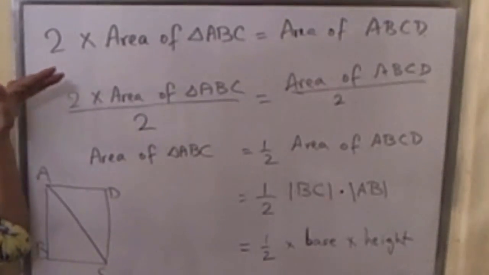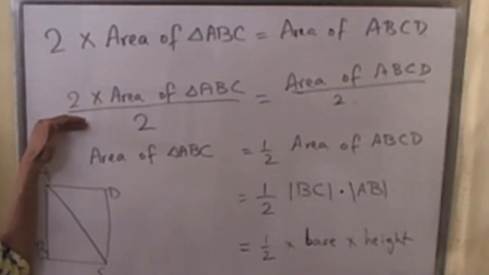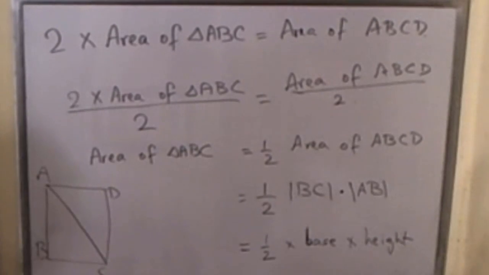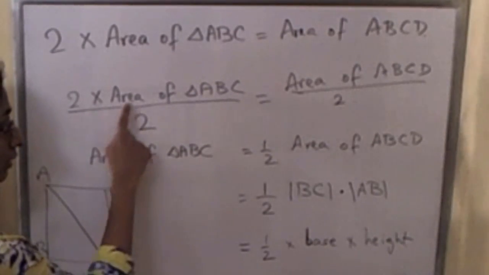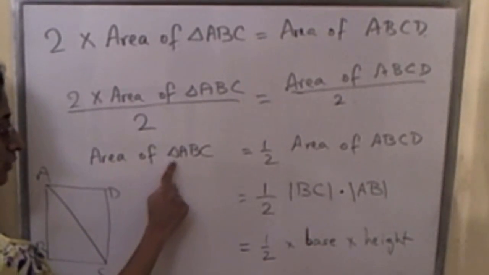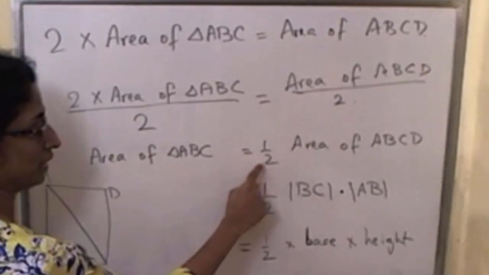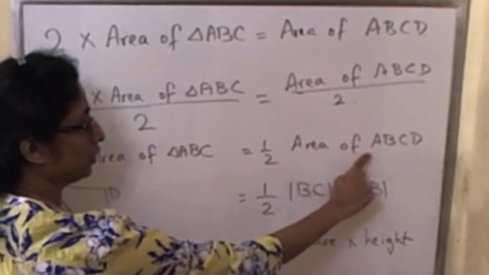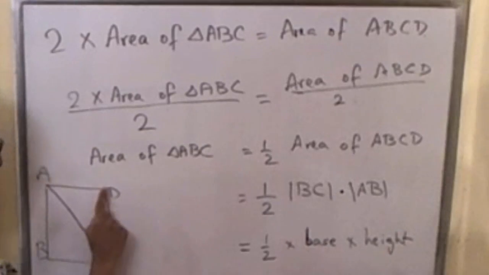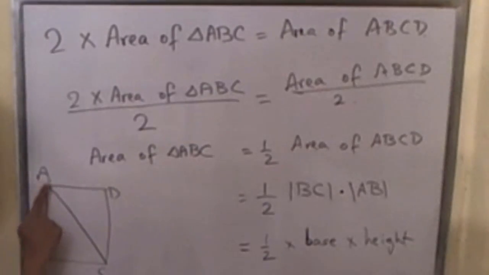I'll take the time to do that in a separate step. On the left hand side we get area of triangle ABC, and on the right hand side we get half of the area of rectangle ABCD. So area of triangle ABC is 1/2 of the area of the rectangle ABCD.